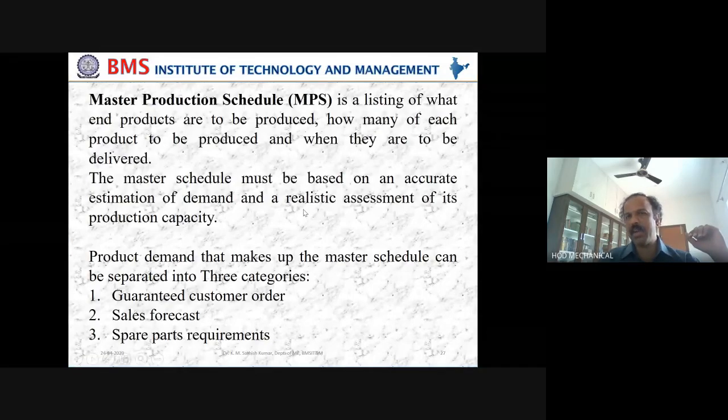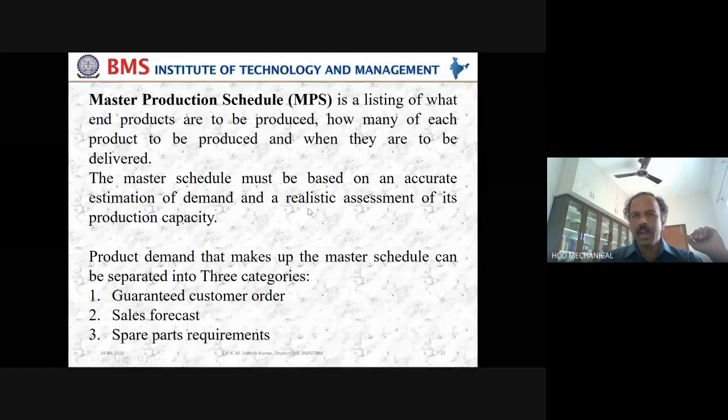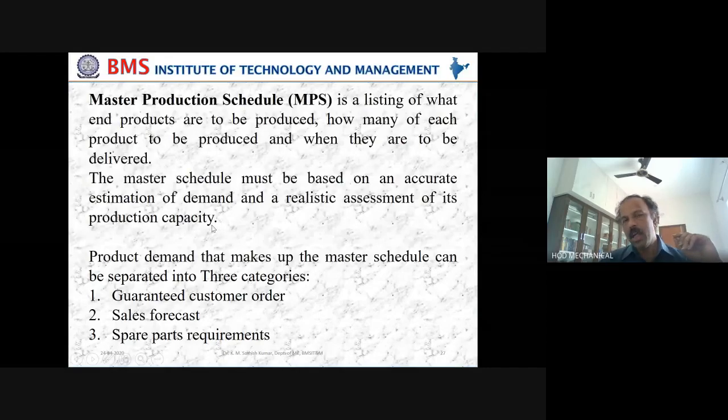It should also be a realistic assessment of its production capacity. This is very, very important. Please understand the value of MPS, that means how many products are to be produced. Remember, you should know at this stage what the production capacity is. Production capacity is nothing but the maximum output that a company can produce in a particular period of time.